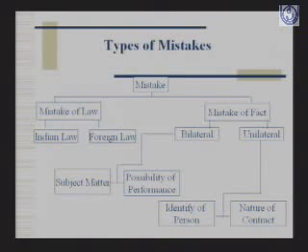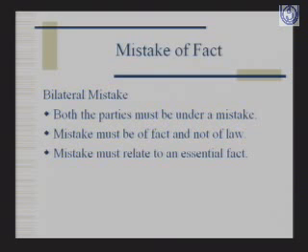Then mistake of fact. Mistake of fact is of two types: bilateral and unilateral. Unilateral is one-sided, that is committed by one party only. Bilateral means the mistake is on the part of both the parties.